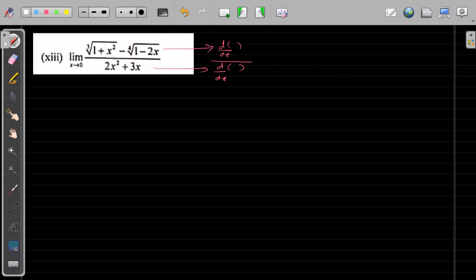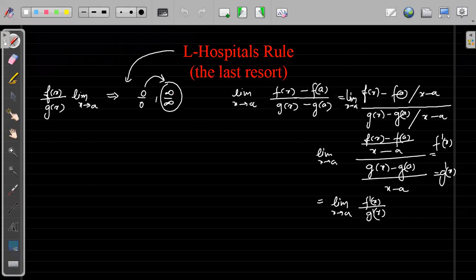That is fine. But why can't we use this for forms other than 0 by 0 or infinity by infinity? Only if it is 0 by 0 form or infinity by infinity form can I apply this method, where I divide by x minus a in numerator and denominator.